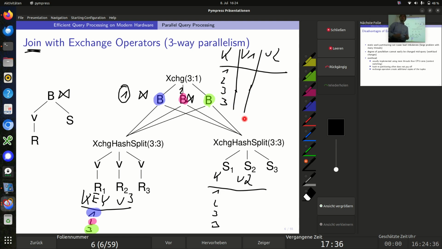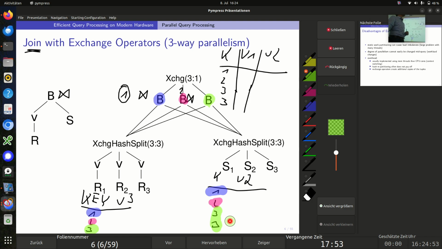So this would be the idea, that I use hashing already for the input data. Also here I hash the data before I compute it in parallel. So that's actually the whole idea of having an exchange operator.